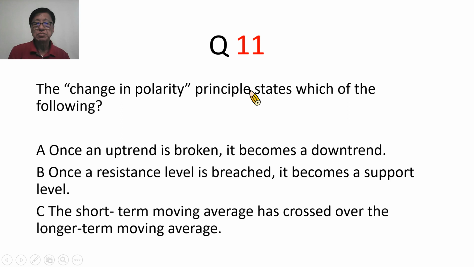看看第11题，他说 change in polarity principle states which of the following。这个压力带跟支撑带互相取代的原则，到底是下列哪一个？A. Once an uptrend is broken, it becomes a downtrend。一旦上涨趋势被跌破，就变成下跌趋势。B. Once a resistance level is breached, it becomes a support level。一旦压力带被突破，就变成支撑带。C.